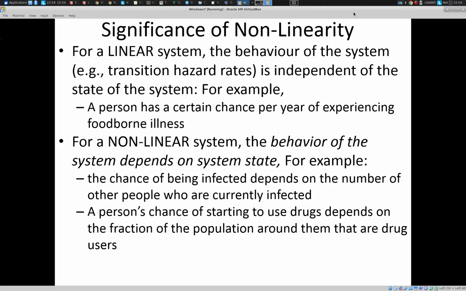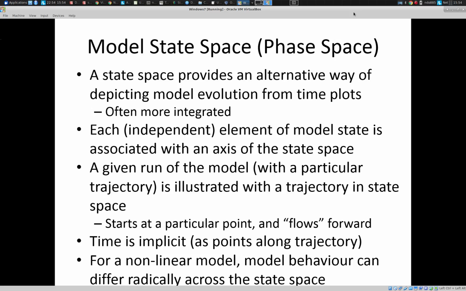Okay, and when we have nonlinearity within a system, it brings up some very distinctive characteristics. It can lead to surprising, counterintuitive behavior, and one of the practical implications is behavior in response to interventions which is very contrary to our expectations.